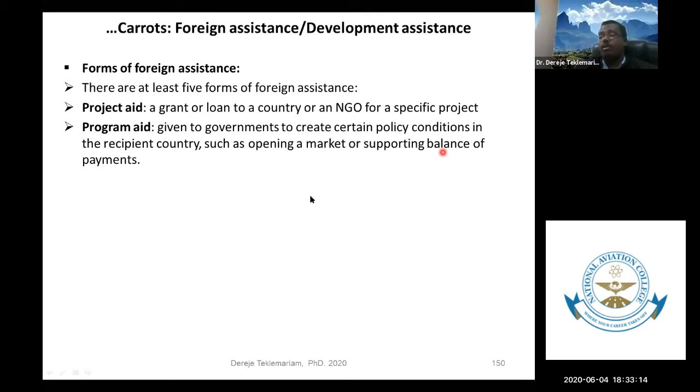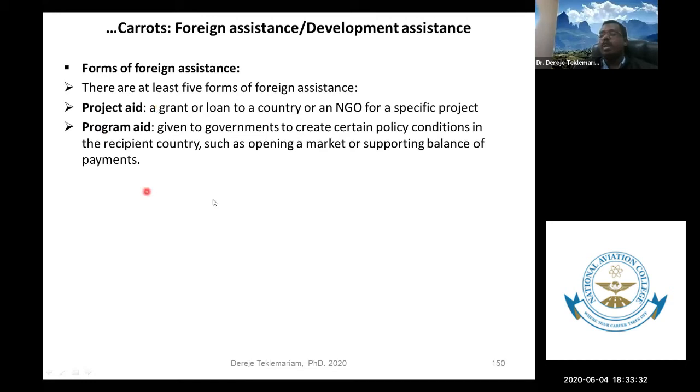The problem that's happening in Ethiopia, where many of the international foreign supporters are really crying and shouting over Ethiopian ministries, is that sometimes the government gets program aid and takes it as a project, and sometimes we take project aid as program aid.